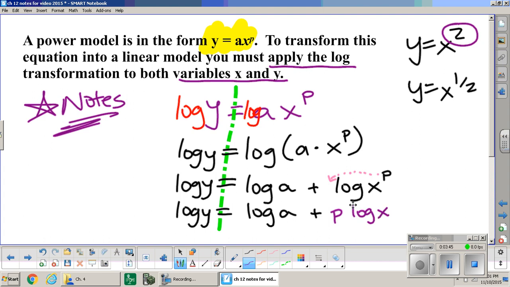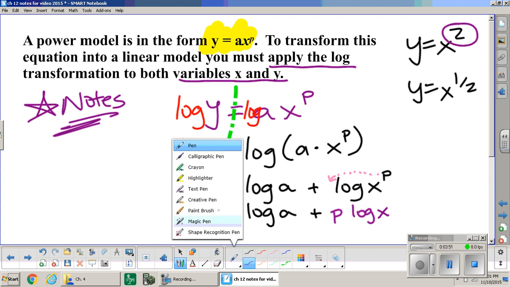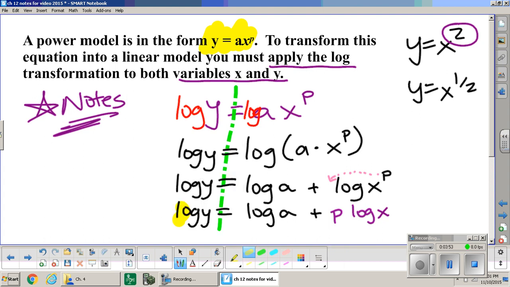All right, I'm going to take a moment for that to sink in. Very nice. It's linear. This right here, just like last time, is now a linear model. But what's the key difference here? How is this different from exponential? If you recall from exponential, we logged the y's. We did not log the x's.